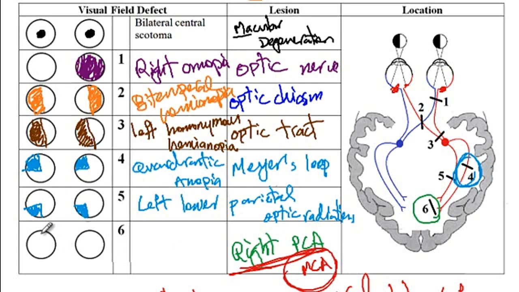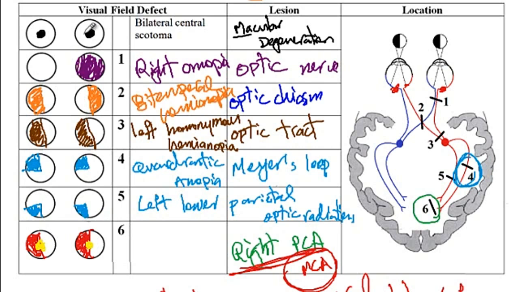And so these patients will have macular sparing. So the vision from the left side of both eyes would be affected, but the macula, which is the center of the vision, would be unaffected.